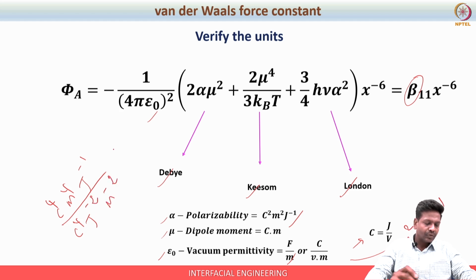In this case, the Coulomb unit will not survive. Both will get cancelled with each other, and you will have joule and meter power 6. So the unit consistency is verified for the case of Debye.